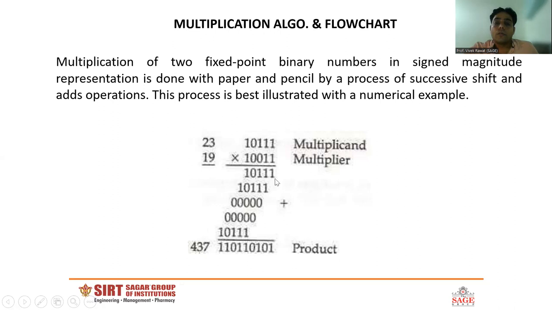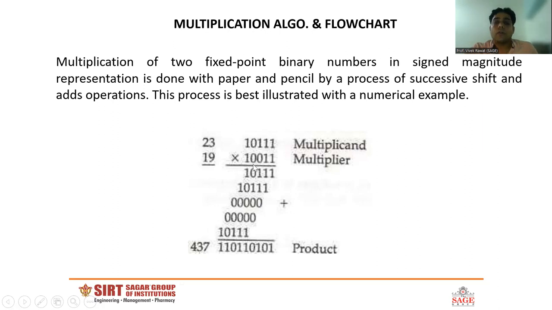Now we all know that we need to shift this bit, and this 1 multiplies with this whole number. So we got 10111. We multiply this 0 with the whole number, so we got 00000.